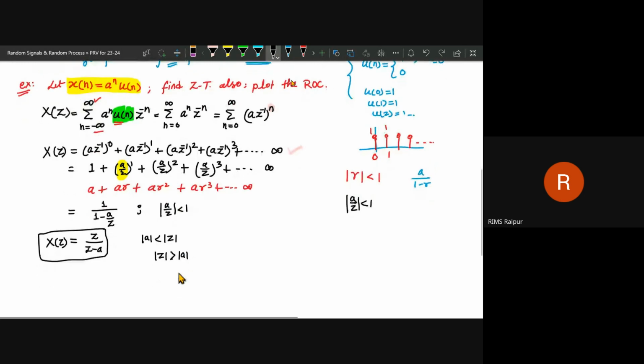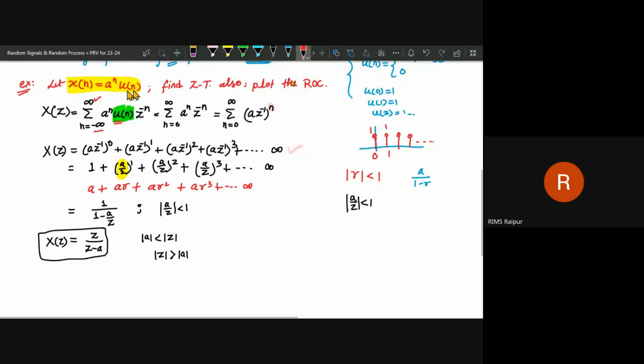So the Z transform of this input sequence is X of z equals z upon z minus a. But this transform exists only when mod z is greater than mod a. Now, this is called the ROC of this transform.